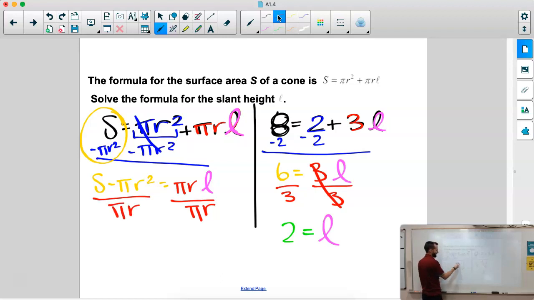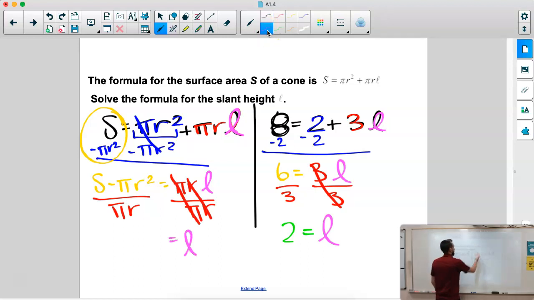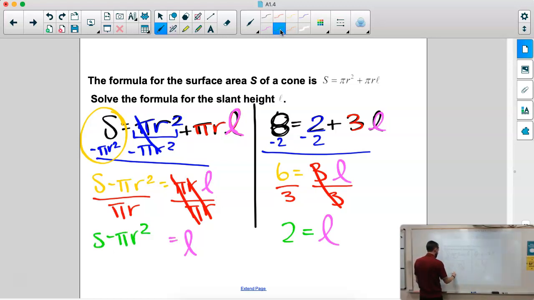These are going to cancel out, and you have L equals s minus pi r squared divided by pi r, which you can't do anything with. You might be able to simplify a little bit, and I could rework it, but the idea is you found L.